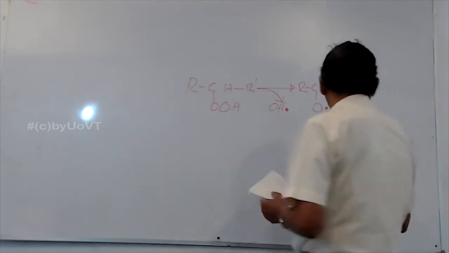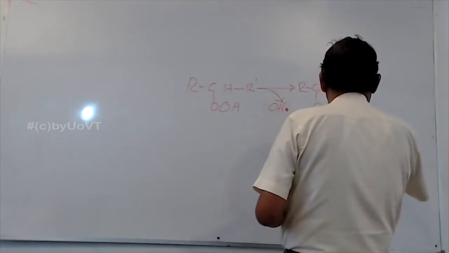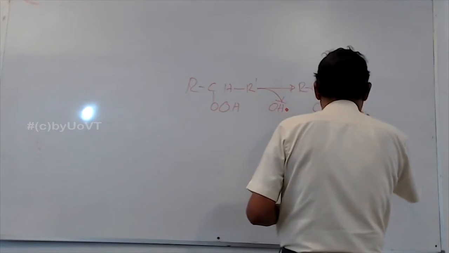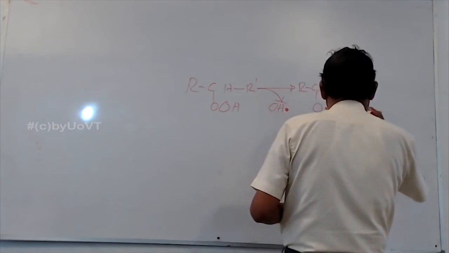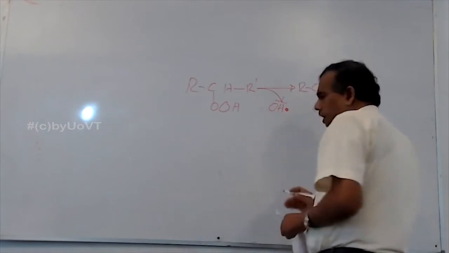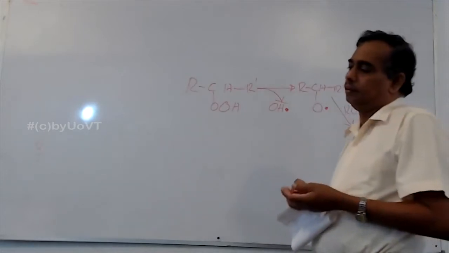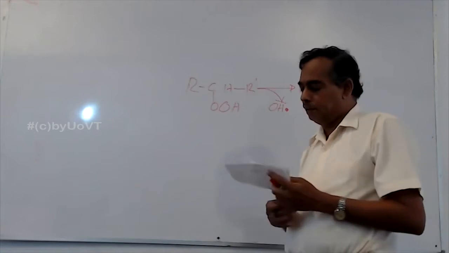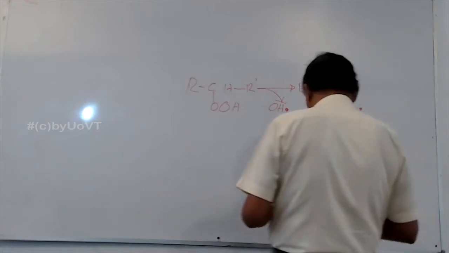Then we think about the interaction of this compound with RO free radicals. Different types of free radicals, alkoxy free radicals, are available in the system.